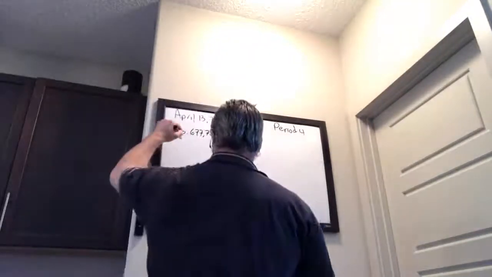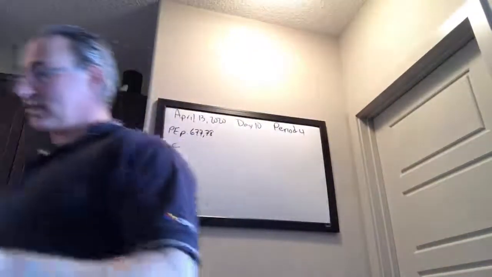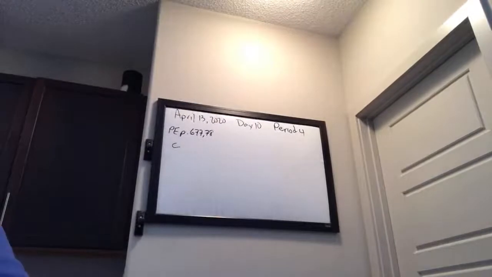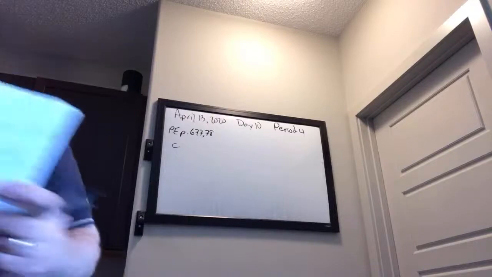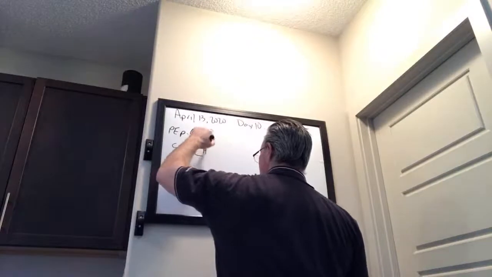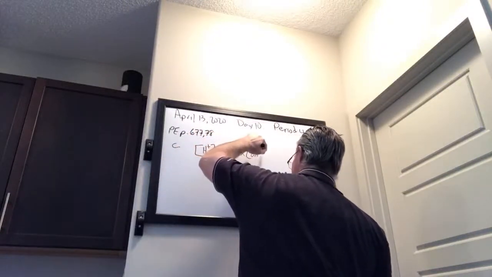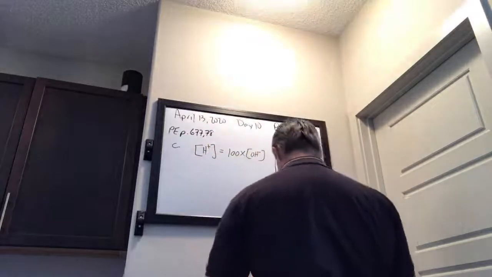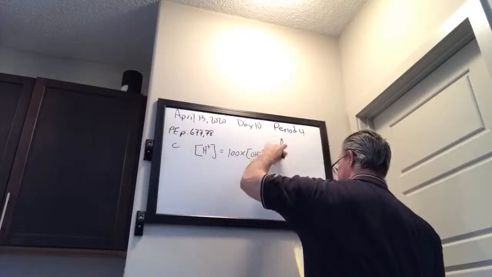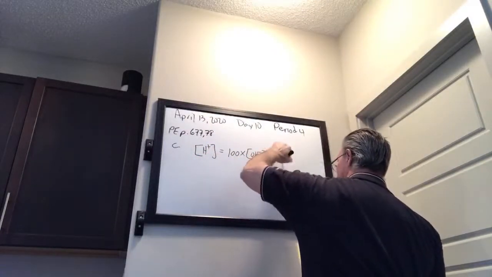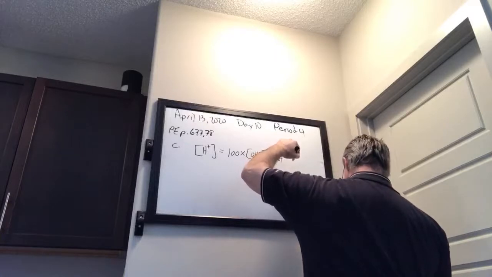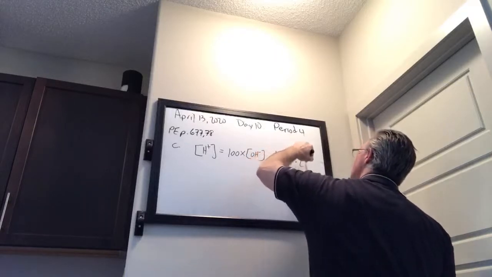Part C of that question, it asks if the H plus concentration is 100 times the OH minus concentration. Well, the trick to doing this one is you say, okay, H plus concentration equals 100 times OH minus concentration. So let's let something be X. Let X equal OH minus.